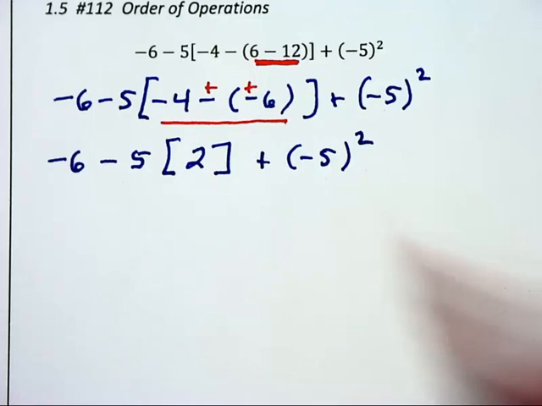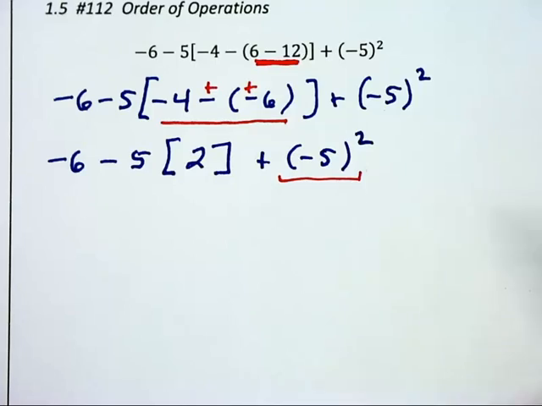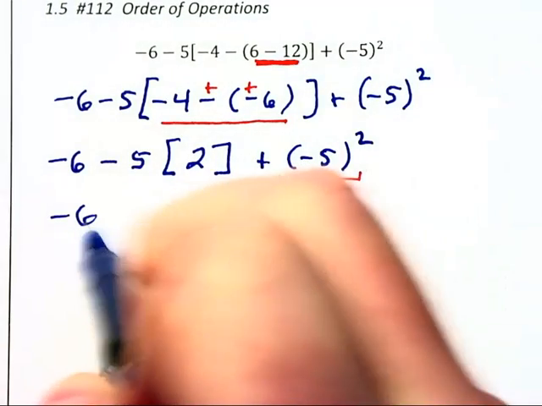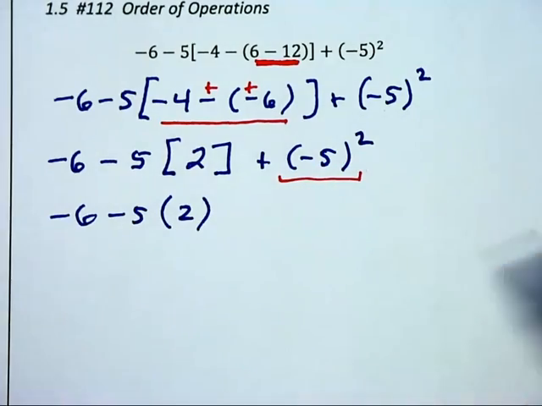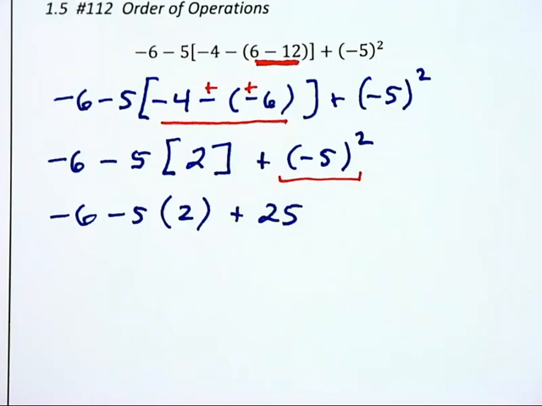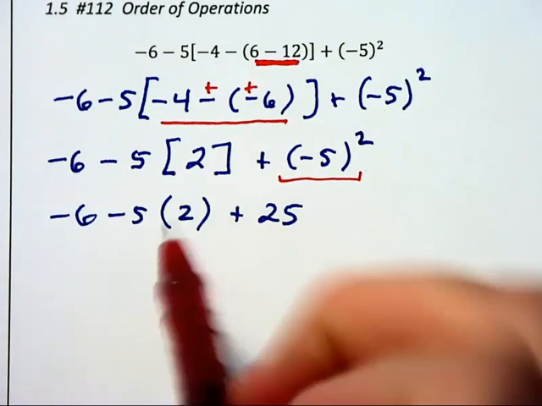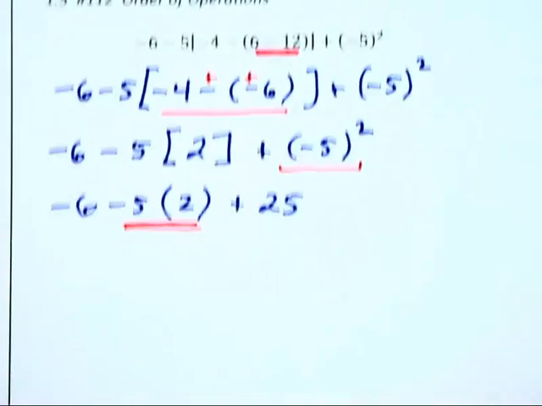Now we move on to E for exponents, which tells us to take that negative 5 squared and do it next. So negative 6 minus 5 times 2, I'm switching that to a parentheses just because it looks nicer, plus 25. Okay, now we're down to multiplication and division, and multiplication is seen here with this 5 times 2.